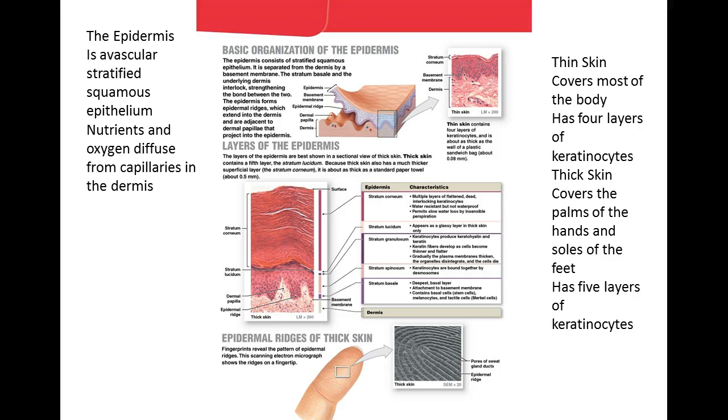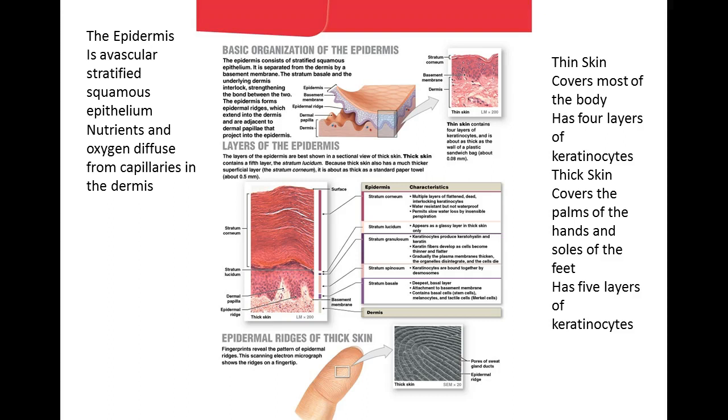And the organization, we've kind of gone through this already, where you have the different layers of the epidermis, and when I say you have thin skin, there's only 4 of them. Thick skin, you have 5 layers of keratinocytes.